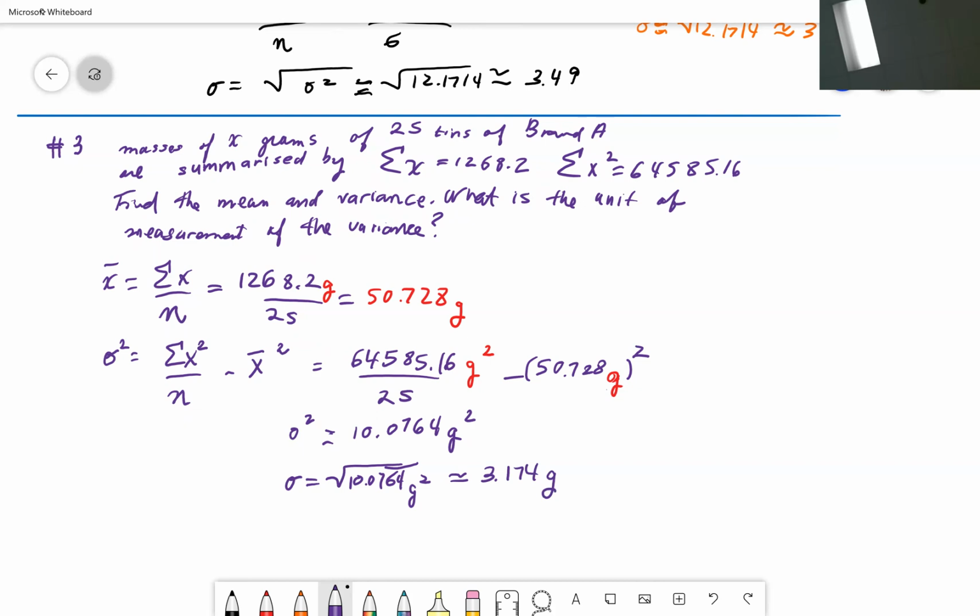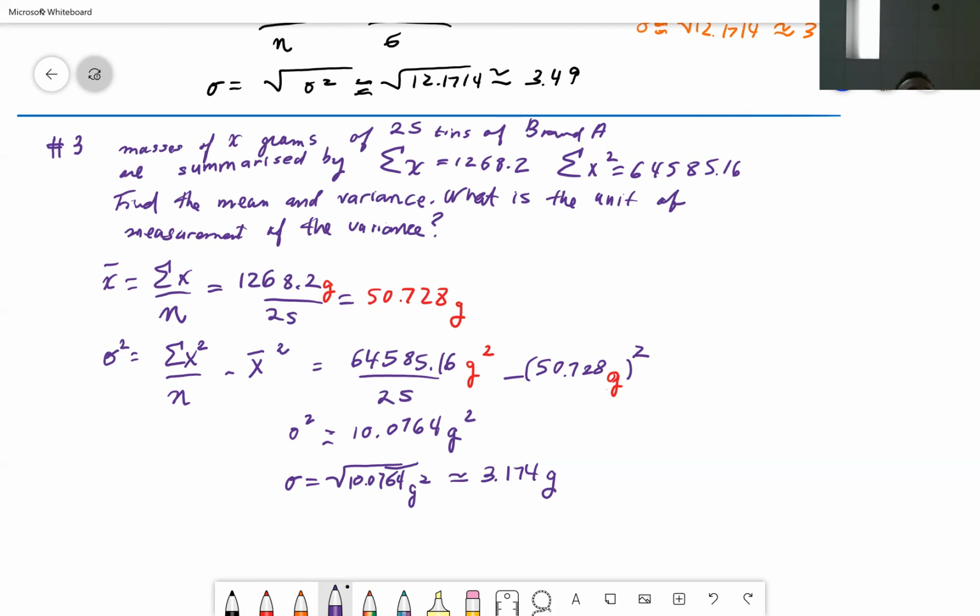Because the square is canceled, I guess you could say, by the square root. And so what are the units for standard deviation? Well, the units for standard deviation are the original units. So on average, the data is 3.174 grams away from the mean, spread out from the mean on average.